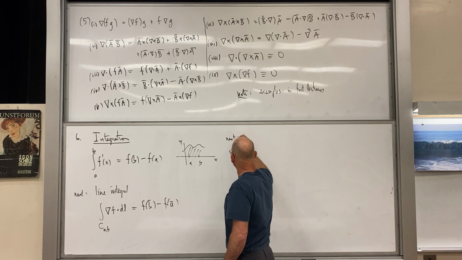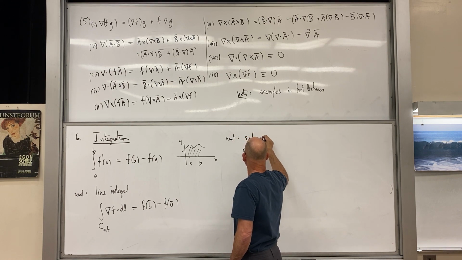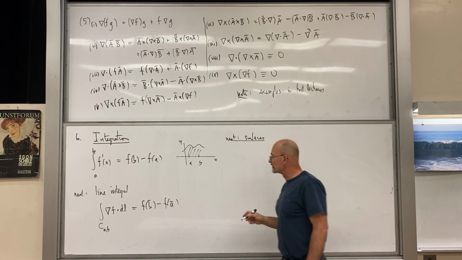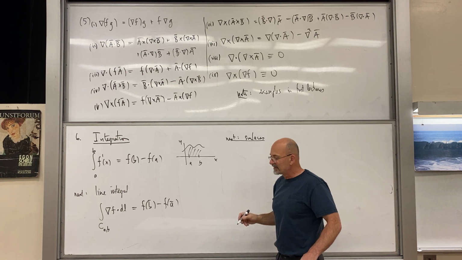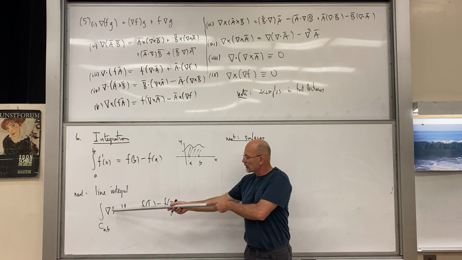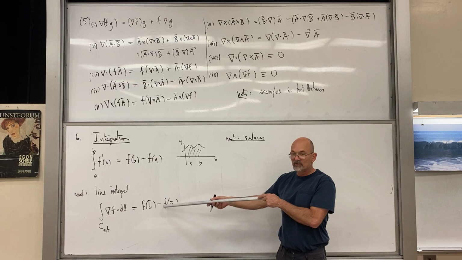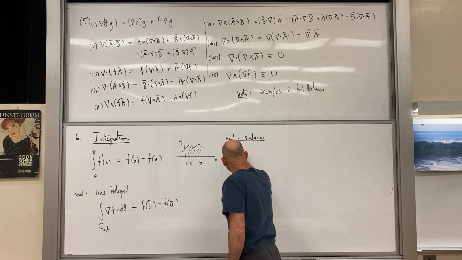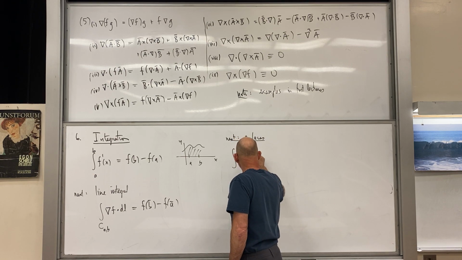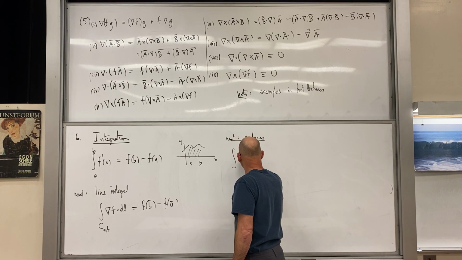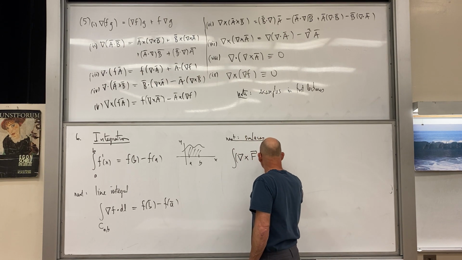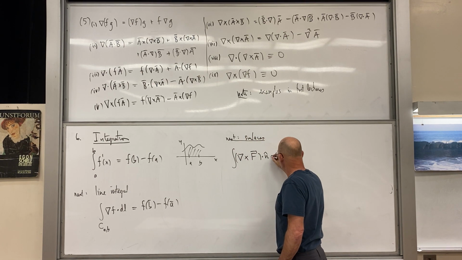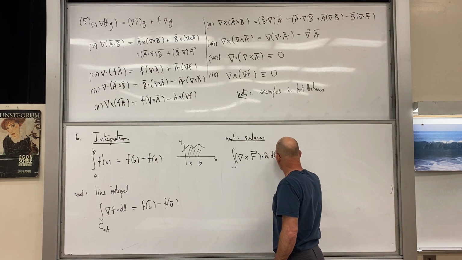And then next we go to surfaces. And then we're looking at Stokes' theorem. And the pattern is it's the integral over the derivative equals the values at the boundary. So if you're now doing a surface integral, you've got curl of a vector field f dotted into a surface normal d area.